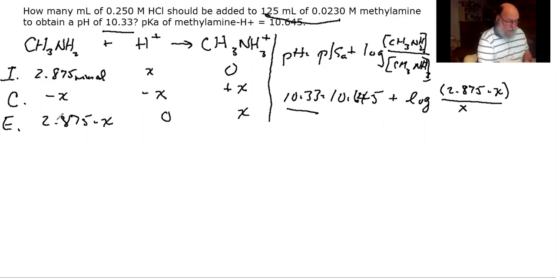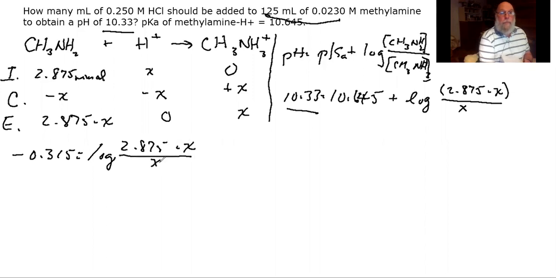So let's see what we got here. Minus 0.315, which is 10.33 minus 10.645, is the log of (2.875 minus X) over X. Now I need to take the antilog.